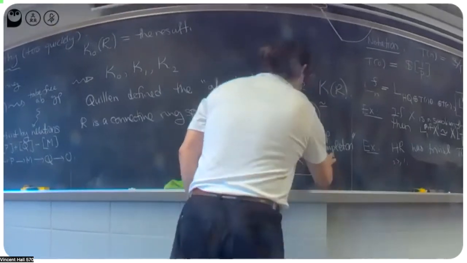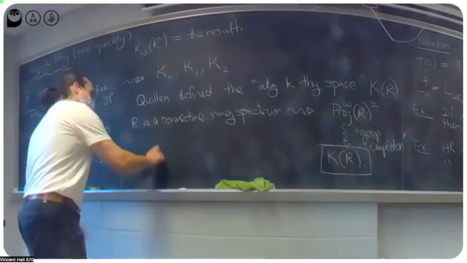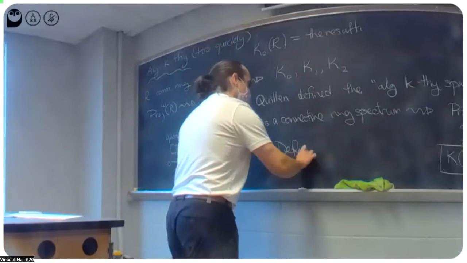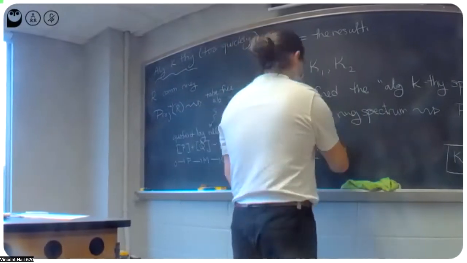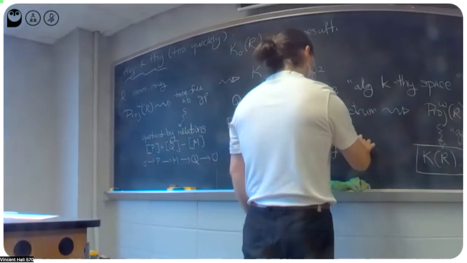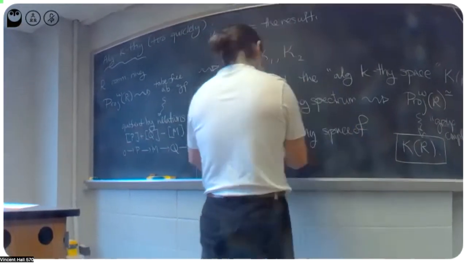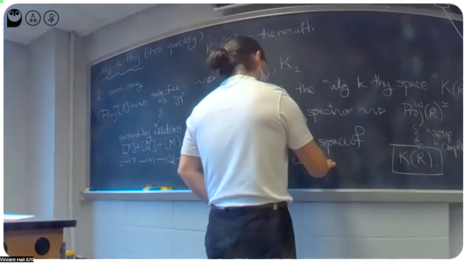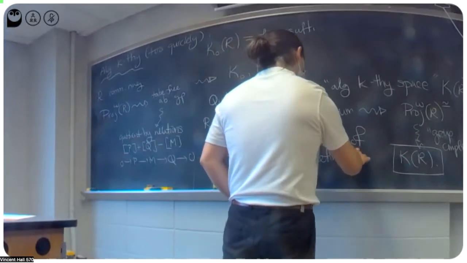Maybe I should write this down as a definition. This is the K-theory space of a connective ring spectrum.